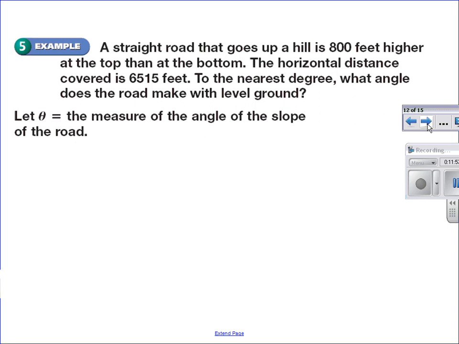The straight road goes up a hill 800 feet higher at the top than at the bottom. So the road goes up the hill like this, and we're 800 feet higher at the top than the bottom. So this right here is 800. And it says the horizontal distance is 6515 feet.